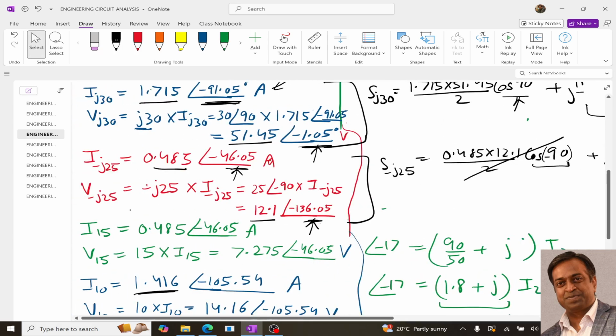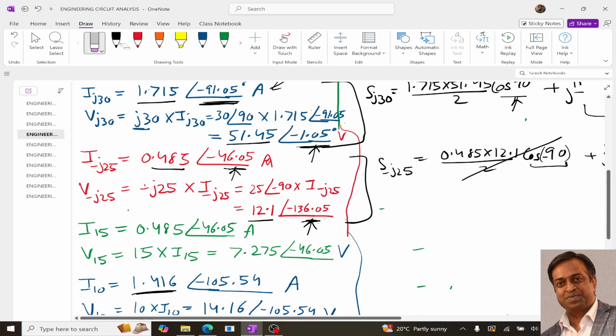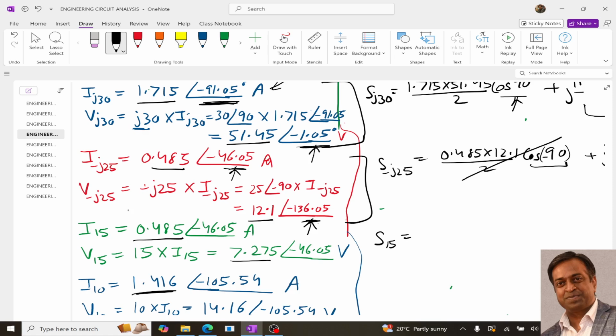Right, now coming to the third one, I5, complex power of I5. So it is S15. So again Im and Vm, so we get 0.485 into 7.275 upon 2, and now the angle between the voltage and the current, since it is the resistance, is 0 degree.